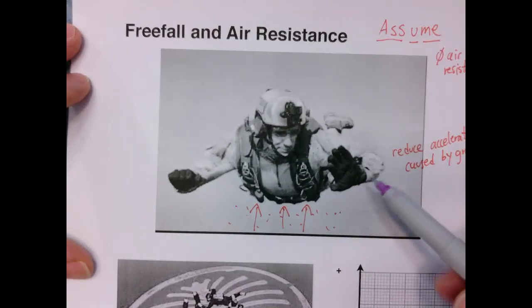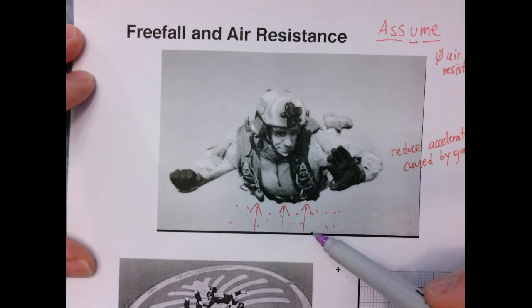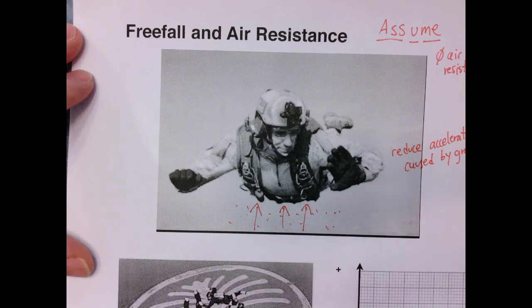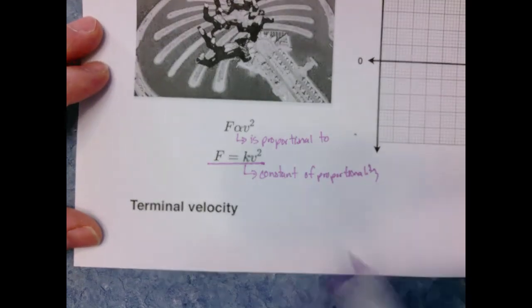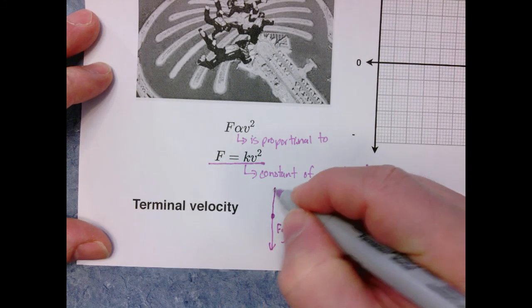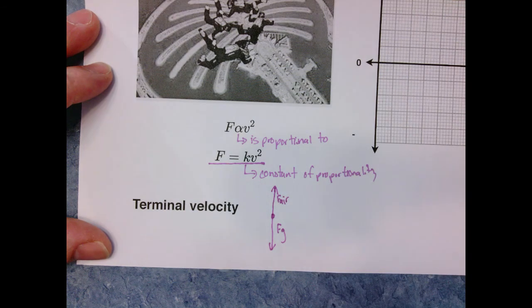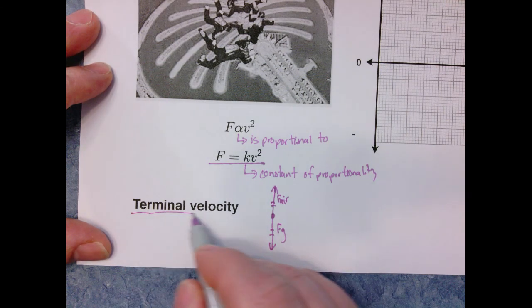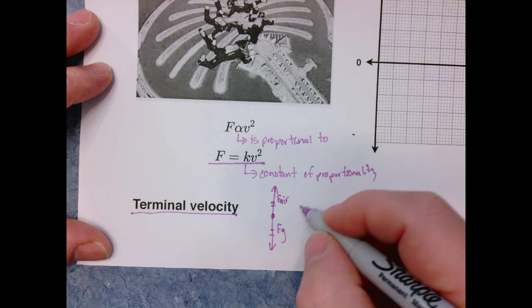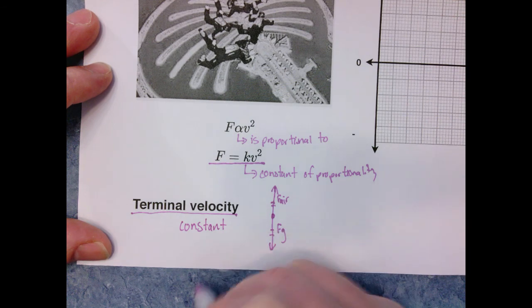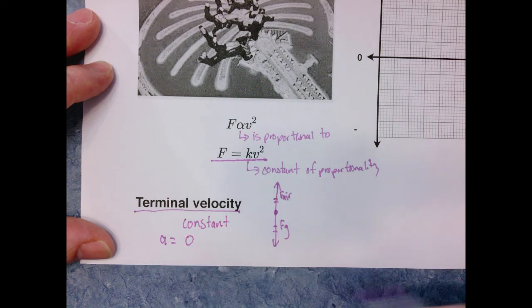So what happens with a skydiver is as one goes faster and faster, one comes into contact with ever greater numbers of air molecules that provide greater and greater force of resistance. And there comes this point where the force of gravity pulling you downward and the force of air resistance are equal to each other. And once that happens, we have reached something called terminal velocity. A velocity at which the velocity remains constant. The acceleration equals 0.